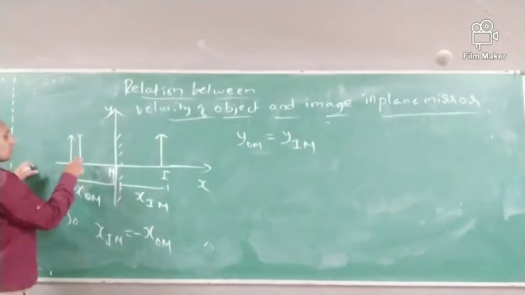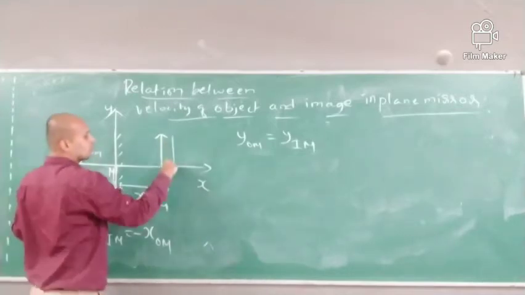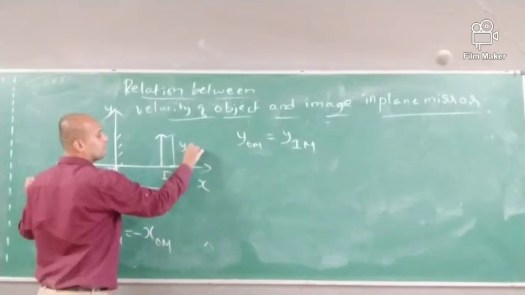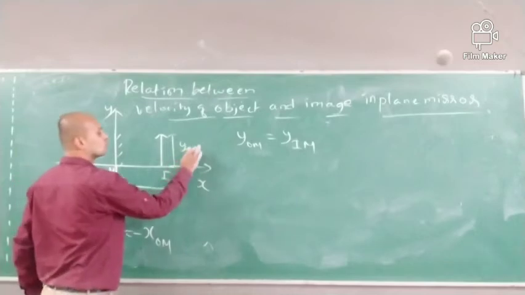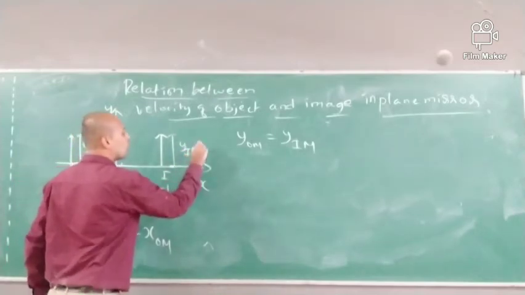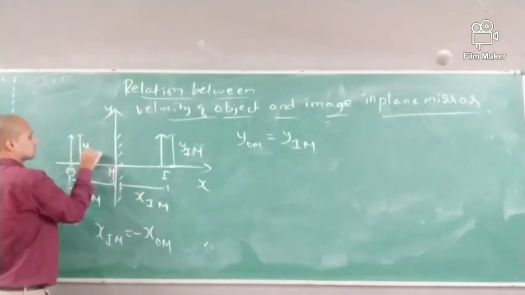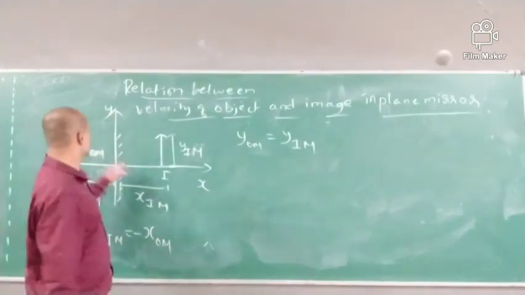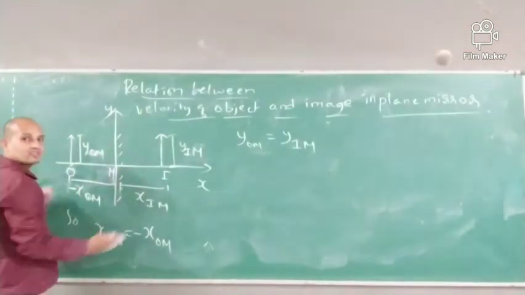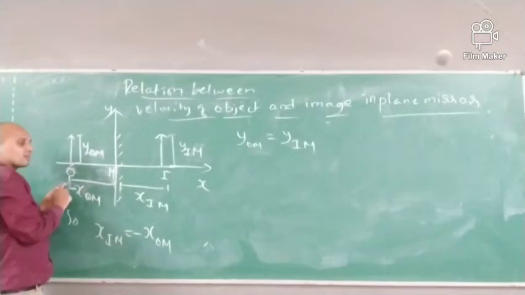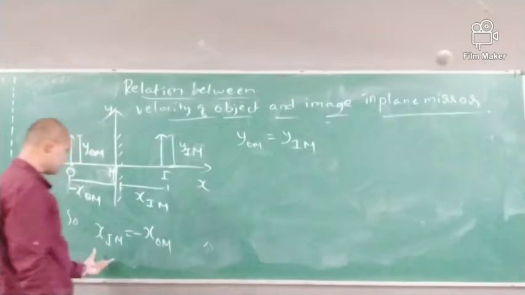If this is YOM, this will become YIM. So their height is never going to change. The position remains the same along the y-axis upward. But along the x-axis it was initially negative, then it became positive, so there will be a change in the sign.